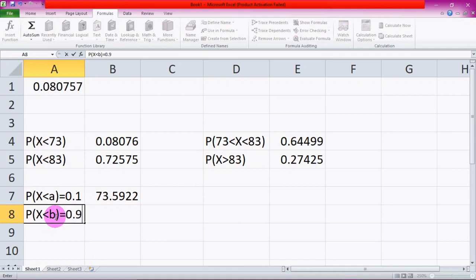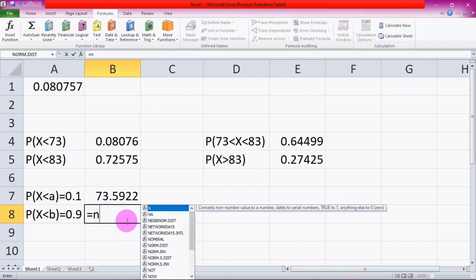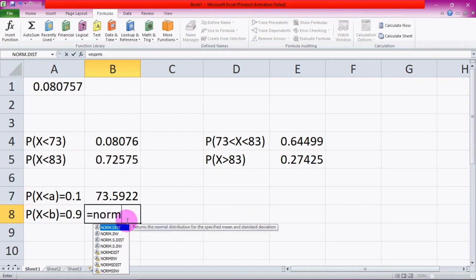And now, we are looking for the value of B. This is equal to the same command na ginamit natin dito sa taas. So, it is equal to norm for normal distribution, pero inverse. Norm.inv, and then the probability is 0.9. The mean is 80, and then the standard deviation is 5.